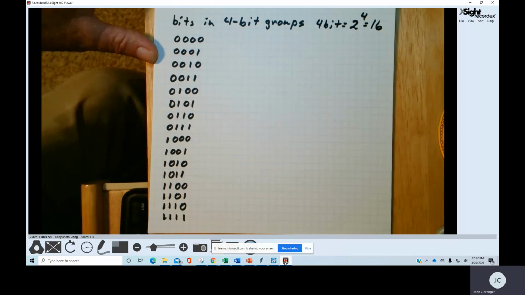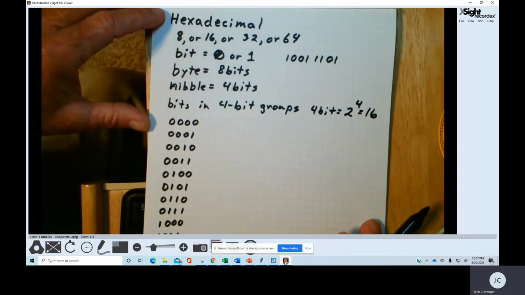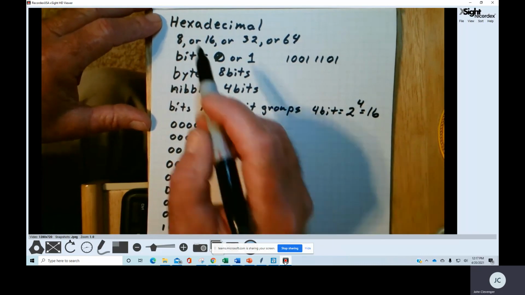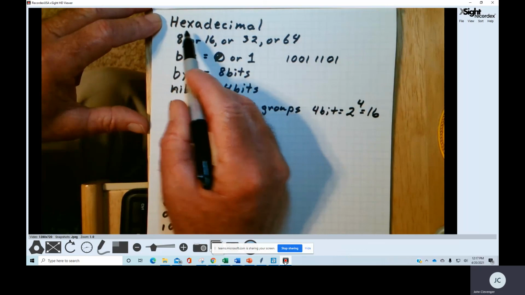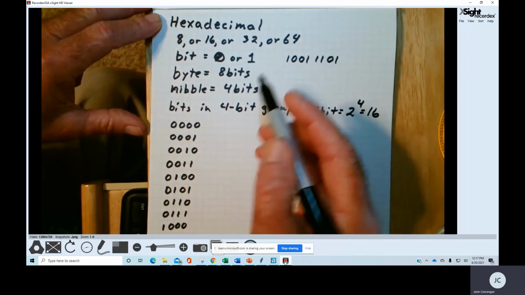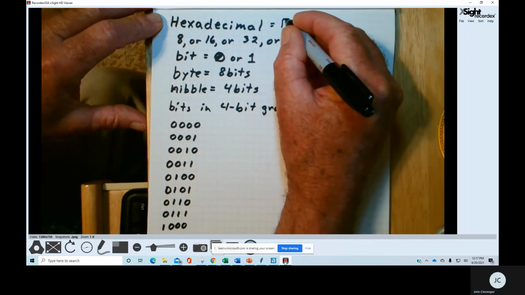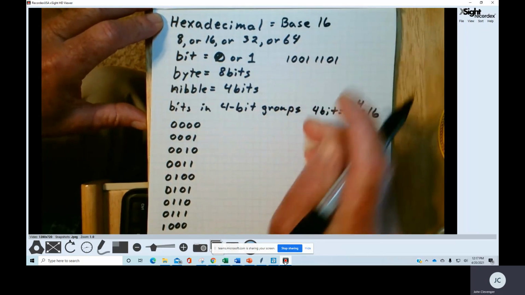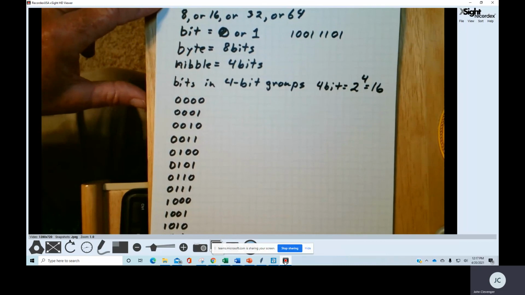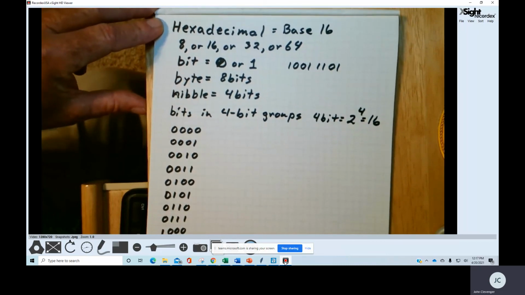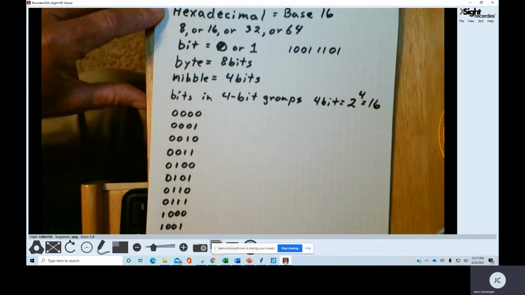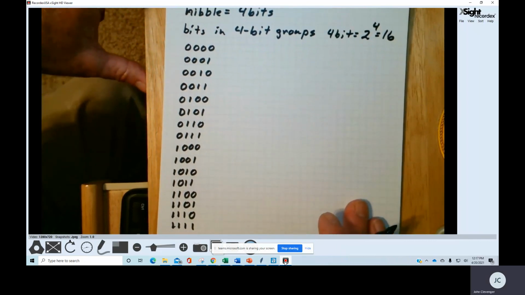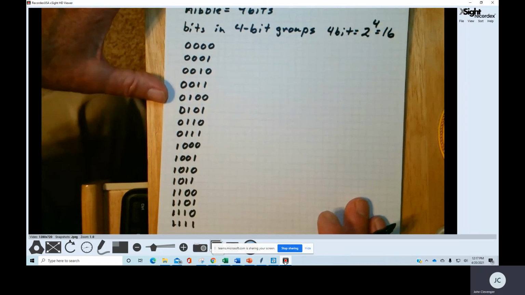And this is why we call this a hexadecimal numbering system, because hex for 6 and decimal for 10. This is what we call in mathematics base 16. Again, we have 16 possible combinations of zeros and ones with a 4-bit group.